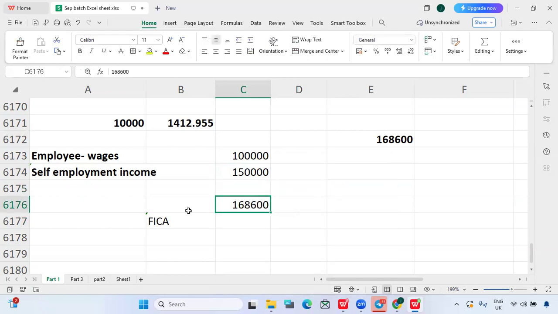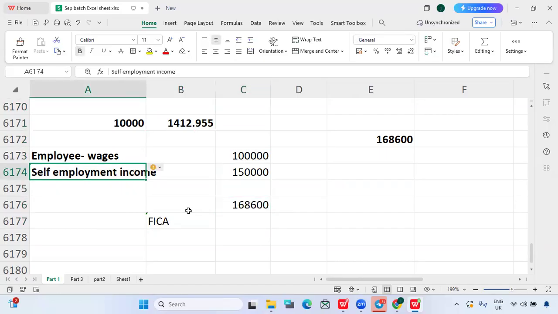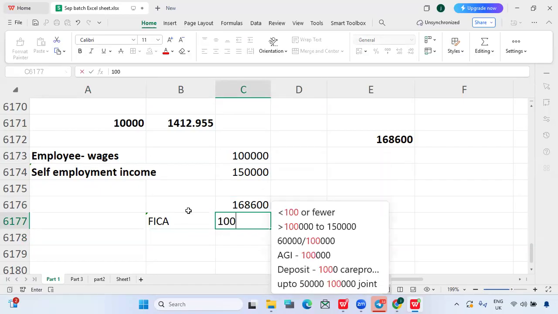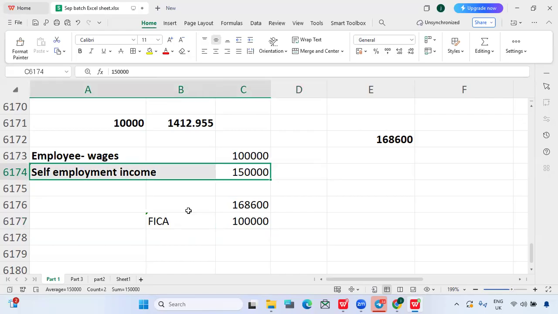In this, if the person is an employee, whatever income we have, we can straight away reduce, because the employer has already done withholding. So that means we have already paid FICA taxes on $100,000. Now you have $150,000 income, right? On this, do we need to pay on $150,000?